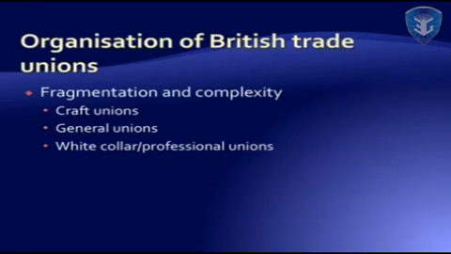Another point that emerges from this fragmented organisation is that different unions often had different interests. For example, unions representing the low-paid generally favoured incomes policies. Those representing highly paid workers tended to favour free collective bargaining.